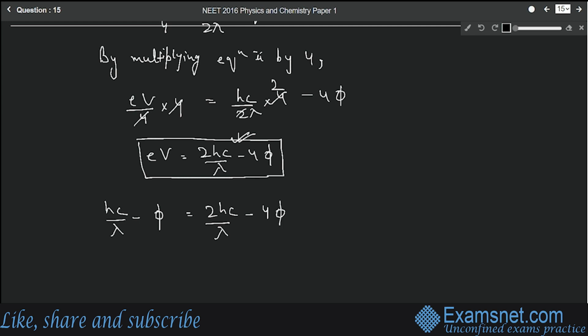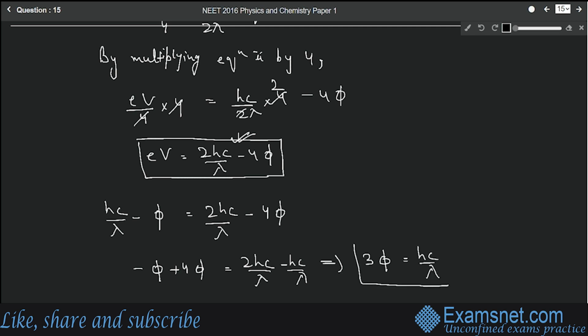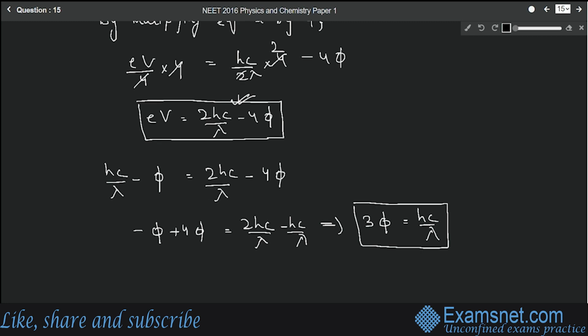Okay. Let's put phi on one side. So minus phi plus 4 phi, and this side we have 2 hc by lambda minus hc by lambda. Okay. So 3 phi equals hc by lambda, right? Now we know that phi is equal to hc by lambda naught.